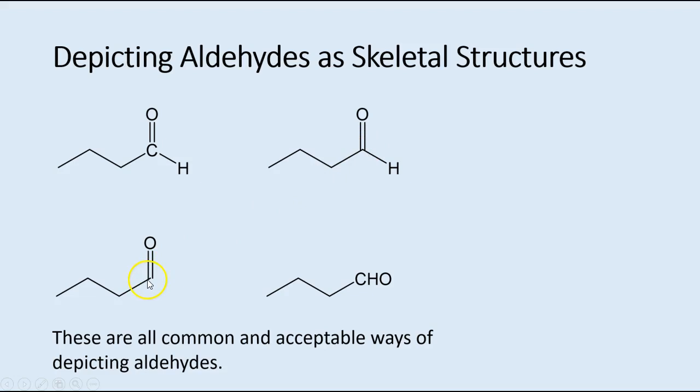It is perfectly acceptable to do it this way since hydrogens are always implied. You could leave the hydrogen off, and that's okay. It's often also similarly just depicted in shorthand as CHO. And these are all common and acceptable ways of drawing aldehydes. I would tend personally to do either this way, skeletal showing the H, or this CHO method.